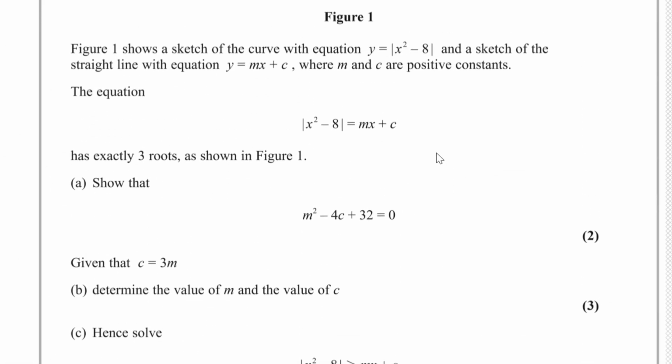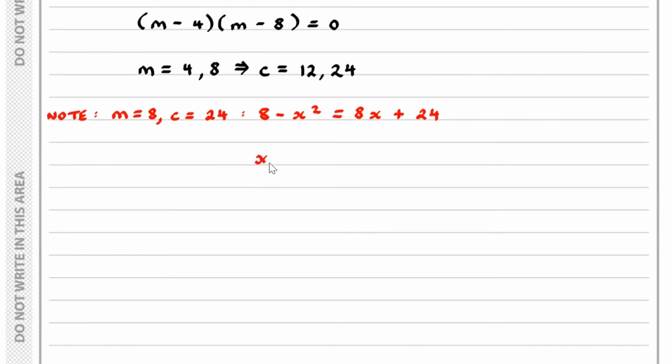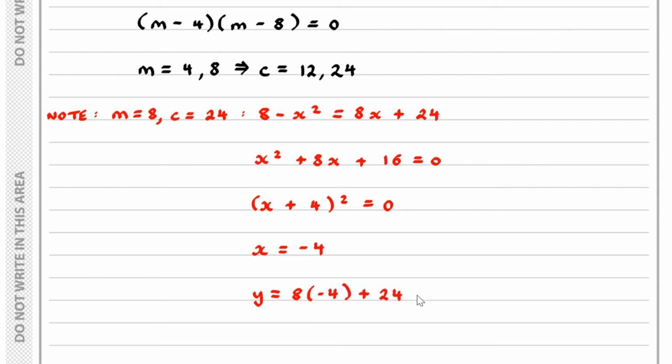And that is, with that positive equation, leaving me with x squared plus 8x plus 16 equals 0. So x plus 4 all squared equals 0, which means x is minus 4. And from this I can find out what y is. Y equals 8 times by minus 4 plus 24, which is minus 8.